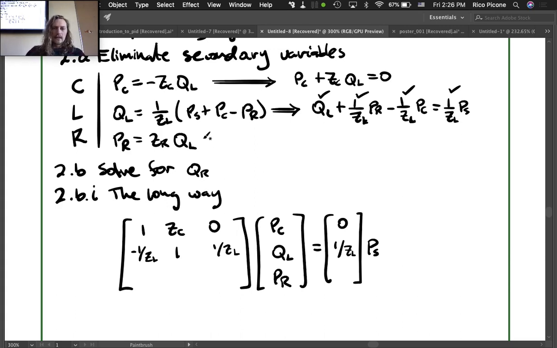And finally, this last equation is very similar to the first equation. We have PR minus ZRQL equals 0. So we have 0, we have negative ZRQL, and then we have 1 PR equals 0 PS.